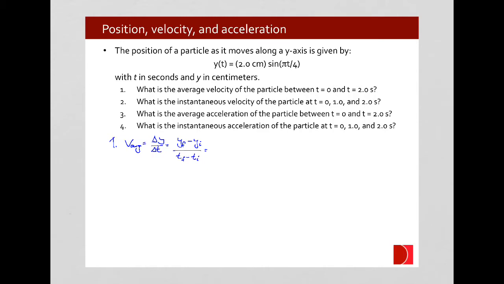The final position is the position at 2 seconds, the initial position is the position at 0 seconds. The final time is our 2 seconds. The initial time is our 0 seconds.